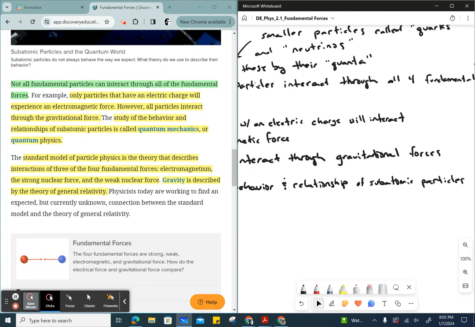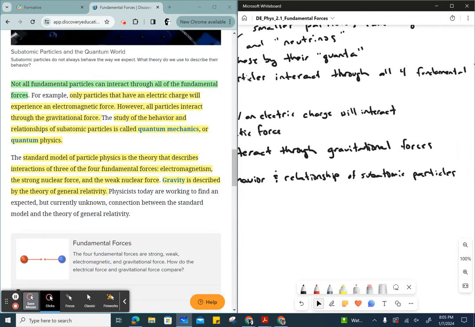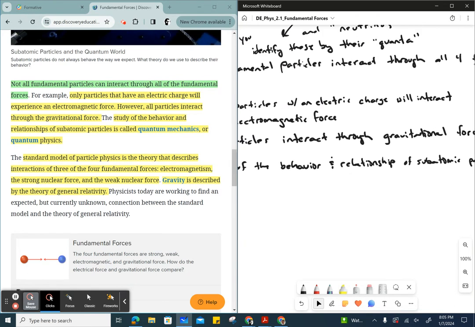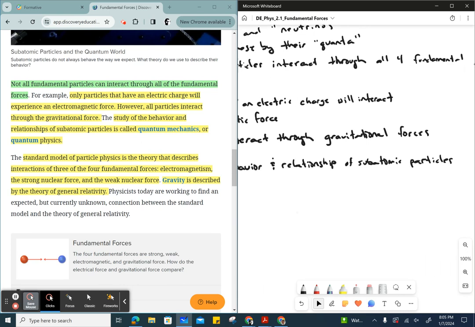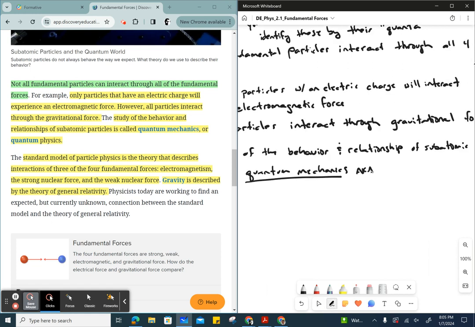That's your protons, neutrons, electrons, quarks, neutrinos. This is called what? Quantum mechanics or quantum physics. The study of the relationship and behavior of subatomic particles is called quantum mechanics. Okay, aka, also known as, quantum physics.